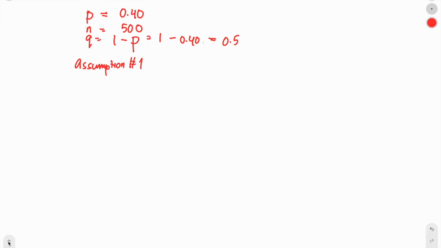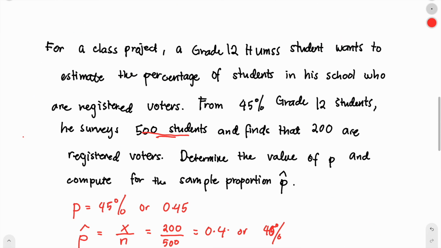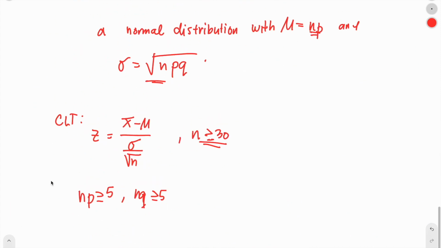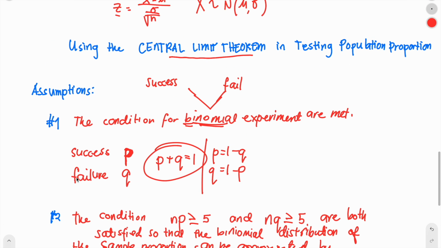Remember that the p here is what? Population proportion, right? And what we need is the p here, per assumption number 1, the p here is success.